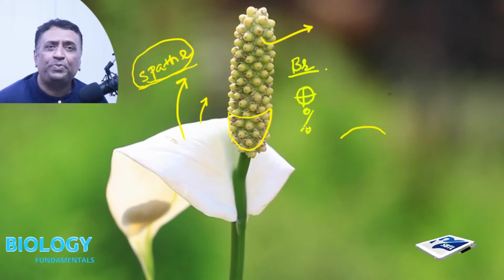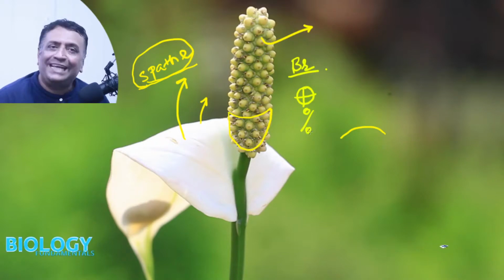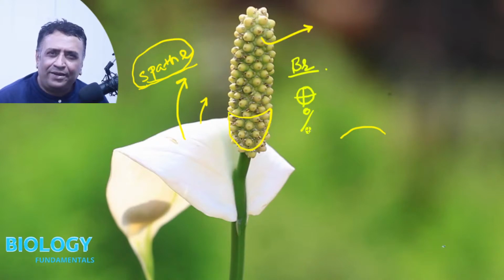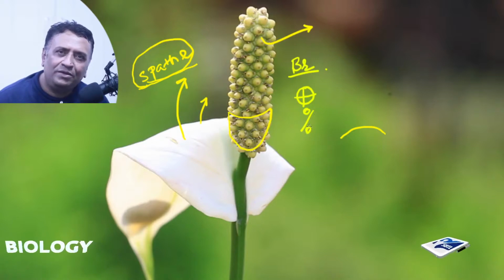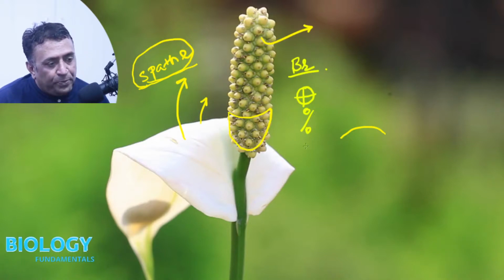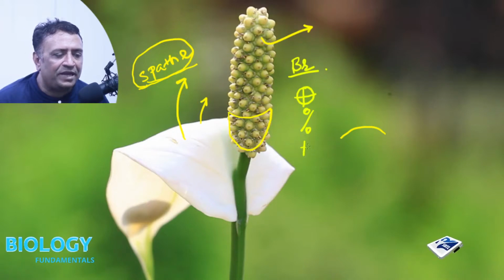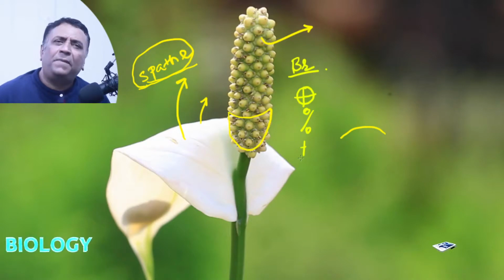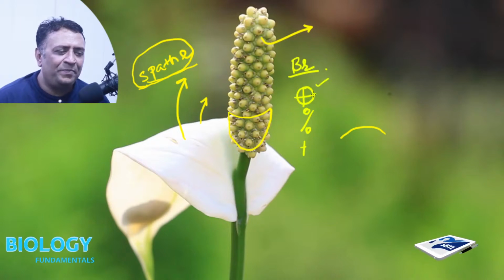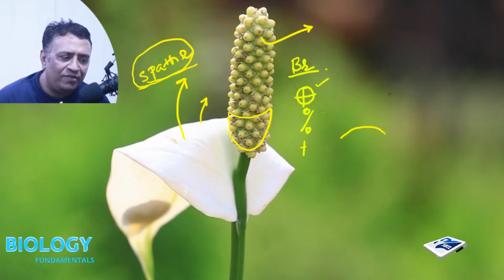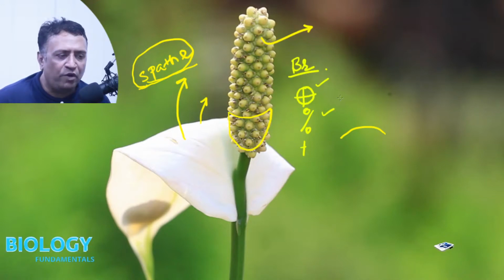But what about asymmetric flowers? Asymmetric flowers are found in canna. They are found even in Delonix. So that is represented something like this symbolically. But most of the flowers are found in these two categories only, actinomorphic and zygomorphic. These are symbols that we use while writing in floral formula.